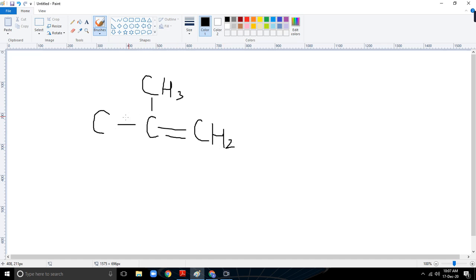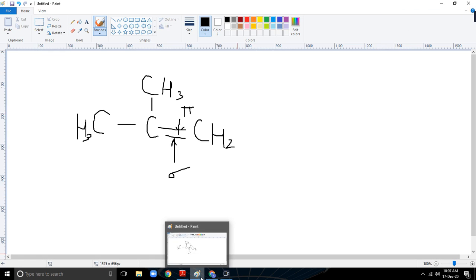Already 4 bonds are there on the second carbon, so no hydrogen will be added. So this is 2-methylpropene. The double bond contains one sigma and one pi bond.